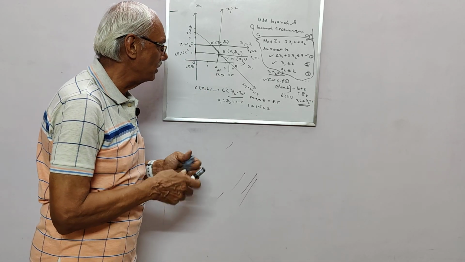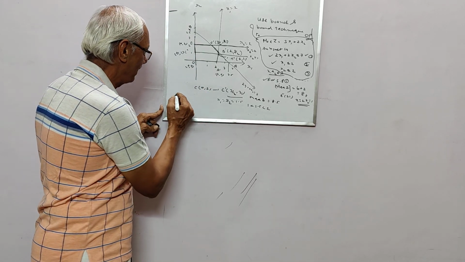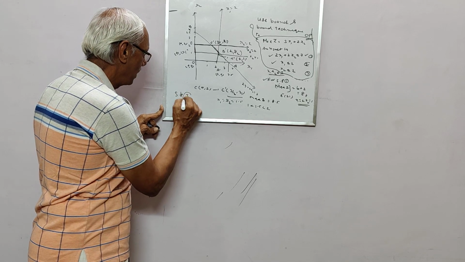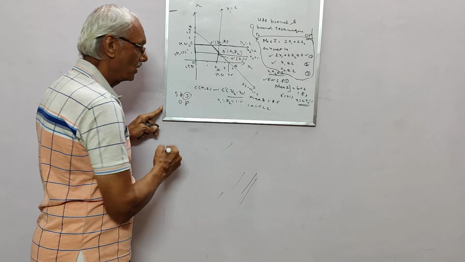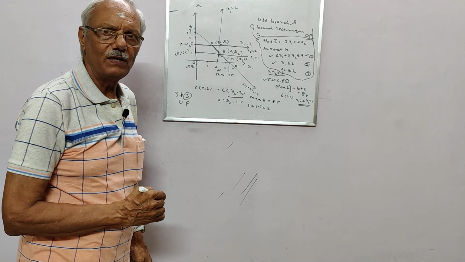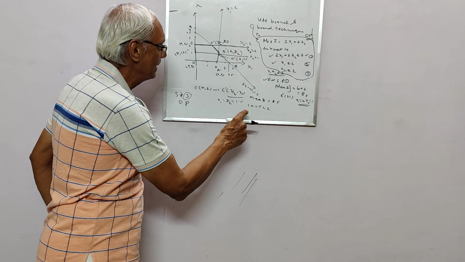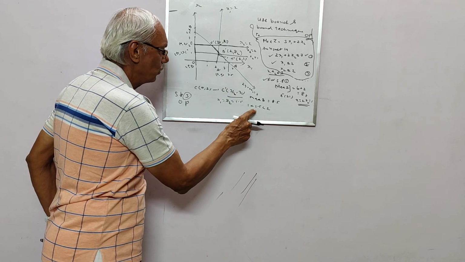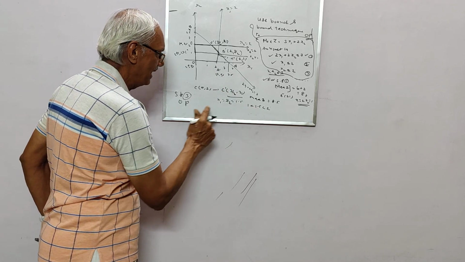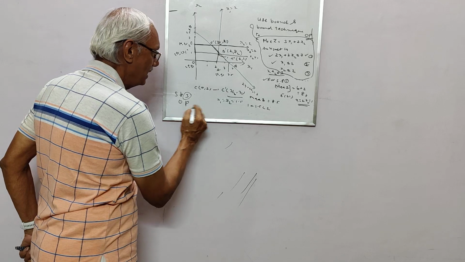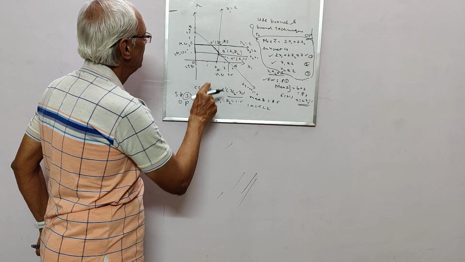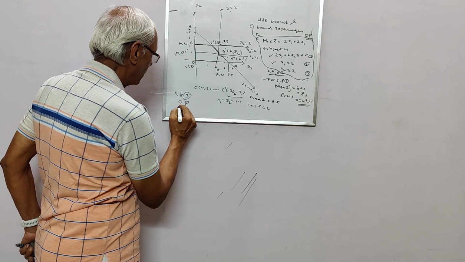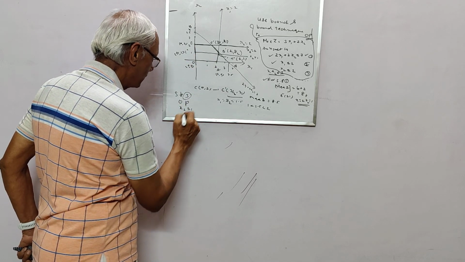And what are the 2 subproblems here? See, subproblem 3 I will write. What is that subproblem 3? It is the original problem, and then here you get your original problem with x2 less than or equal to 1.